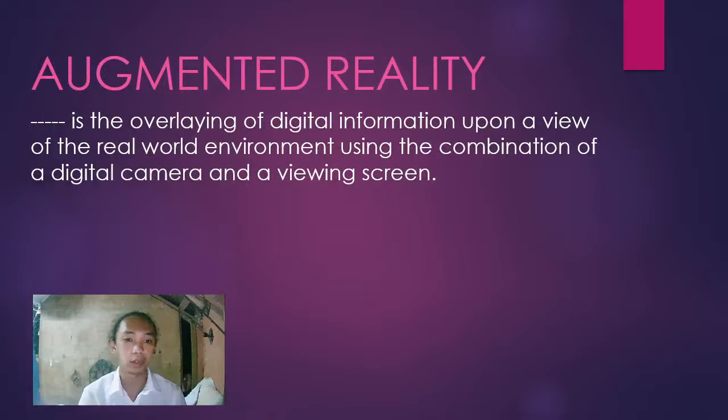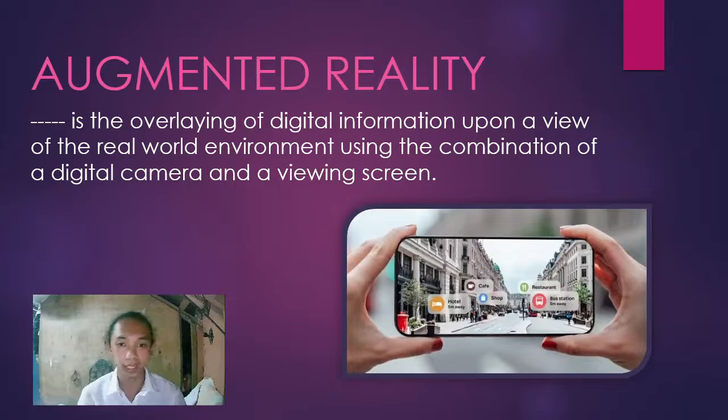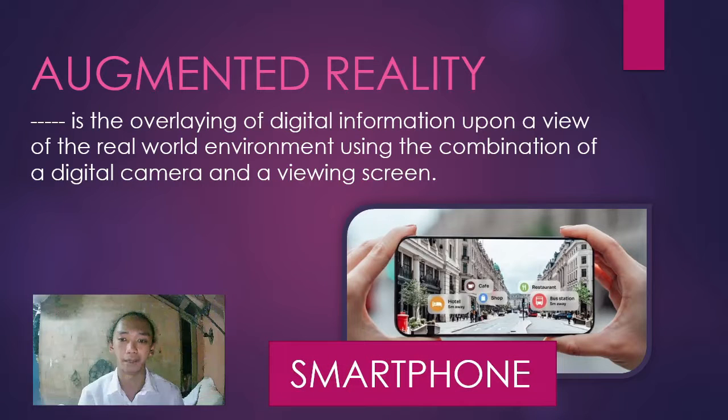Augmented reality is the overlaying of digital information upon a view of the real-world environment, using the combination of a digital camera and a viewing screen just like this. The use of a smartphone in augmented reality is the right way of making it happen, enabling users to place virtual building blocks, furniture, and other objects into the real-world environment, and use their hands to manipulate those objects as if they were really there.